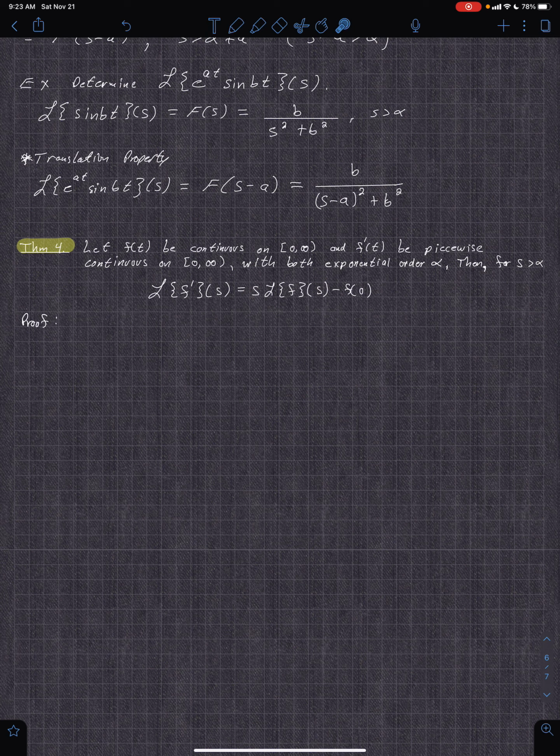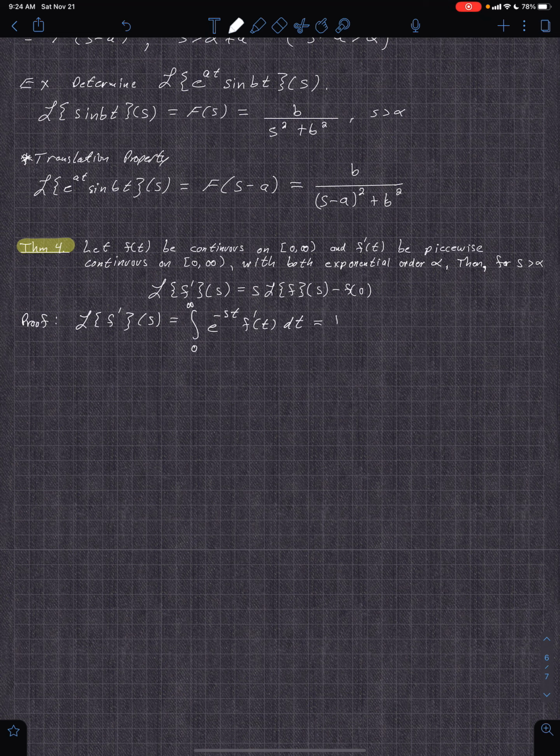Hypothesis stuff. You're going to assume f is continuous, f prime is piecewise continuous, etc. All that we'll skip for now. Let's just take a look at the form. You get the Laplace transform of f prime of s is equal to the integral 0 to infinity of e to the negative st f prime of t dt.